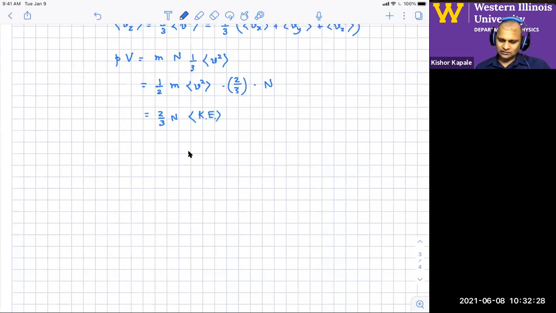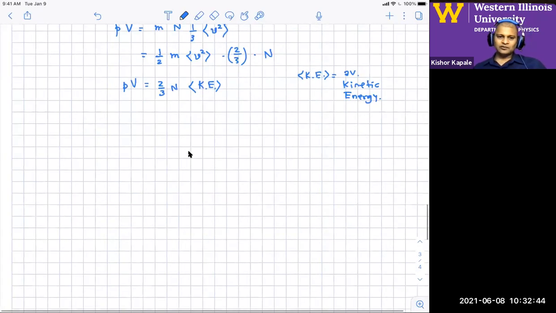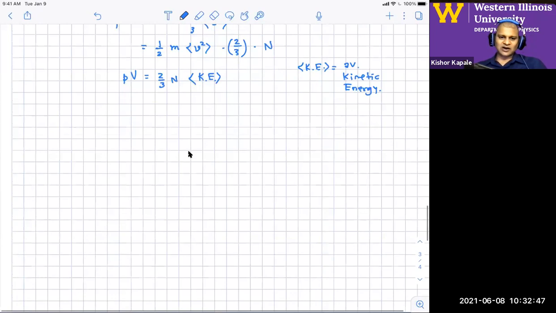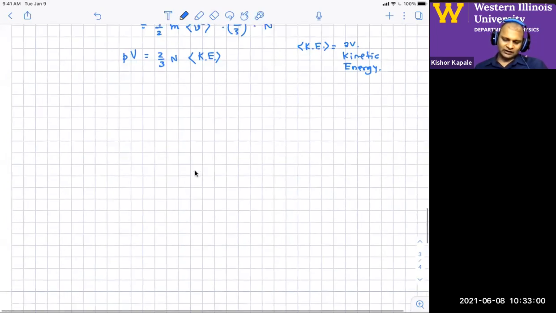And so KE just means the average kinetic energy. Everybody with me so far? Does that make sense? So we kind of proved, in some sense, the ideal gas law in this form, that the pressure times volume is equal to 2/3 of the number of particles times the kinetic energy. Now, of course, let's connect that with n kBT. So that's the ideal gas law.